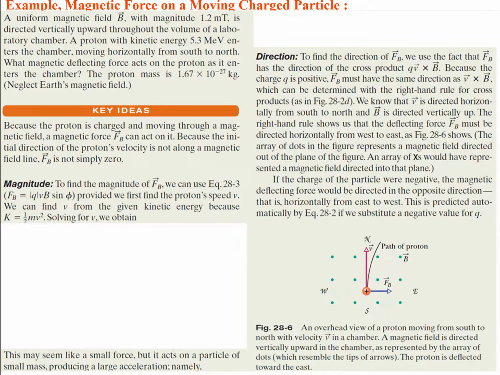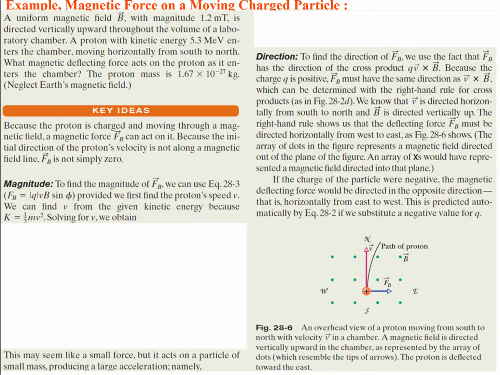All right, so let's do an example. A uniform magnetic field, B, with magnitude of 1.2 millitesla, is directed vertically upward through the volume of a laboratory chamber. So it's going from the ground through the ceiling. A proton with kinetic energy of 5.3 MeV, or mega electron volts, enters the chamber, moving horizontally from north to south.